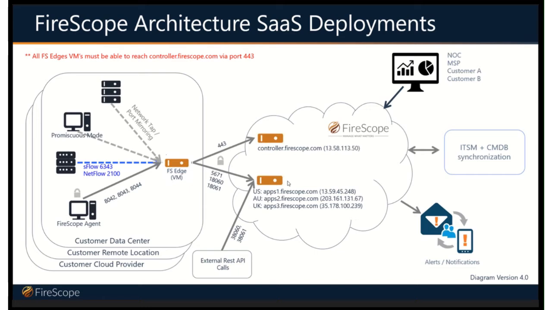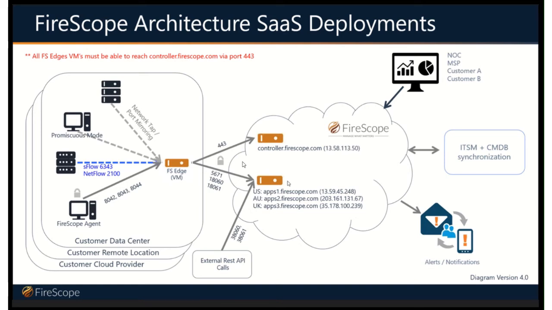You send your NetFlow, your sFlow, your promiscuous data to it, and it both passively monitors that traffic flow, and it also manages the active processes, which are like the device discovery, which may be done through a ping or a variety of calls, and it also handles external API interfaces.